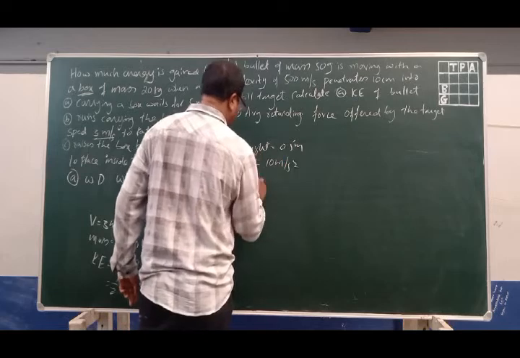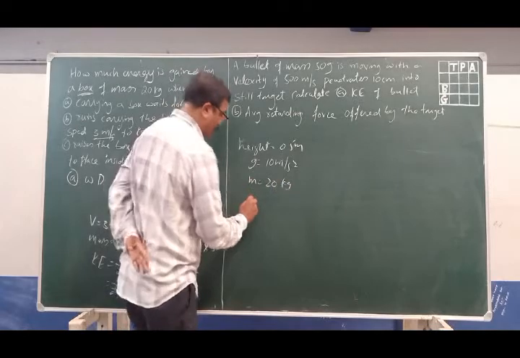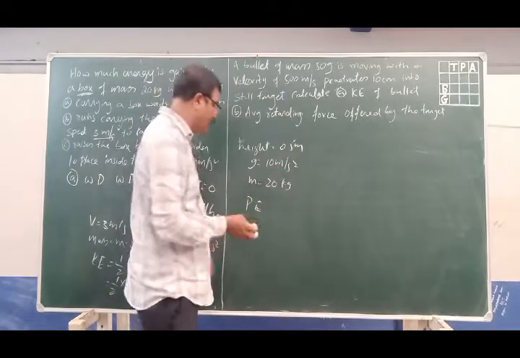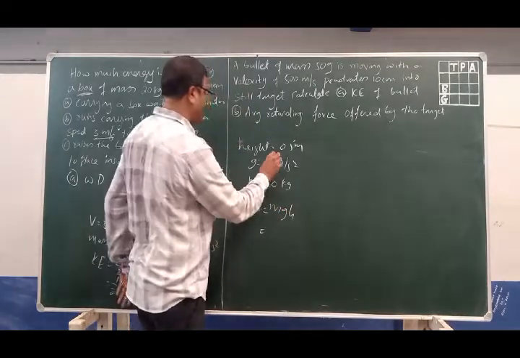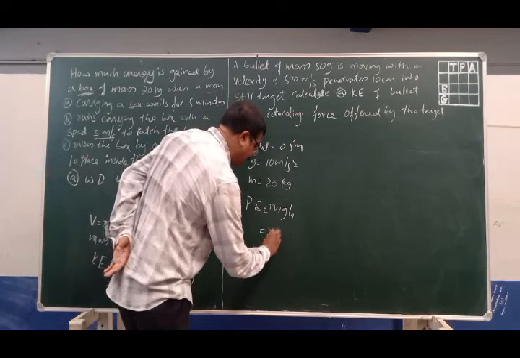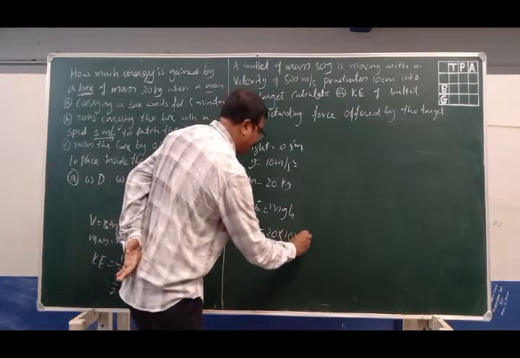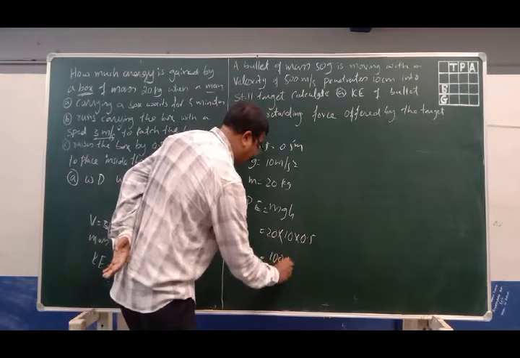And as usual mass we have 20 kg. So what is the potential energy gained by the body? Because he is raising the load, potential energy is equal to mgh, where m is equal to 20 kg, g is 10, and h is 0.5. So 200 into 0.5 is 100 joule.